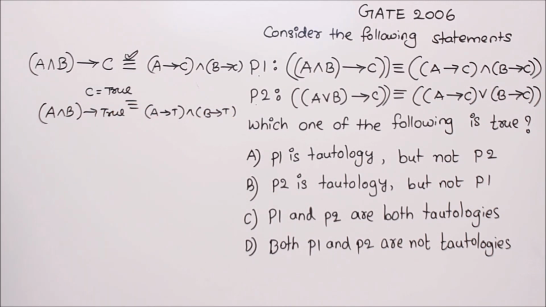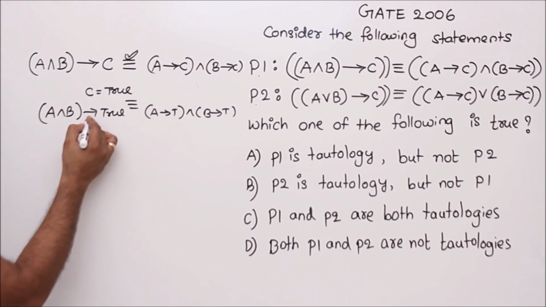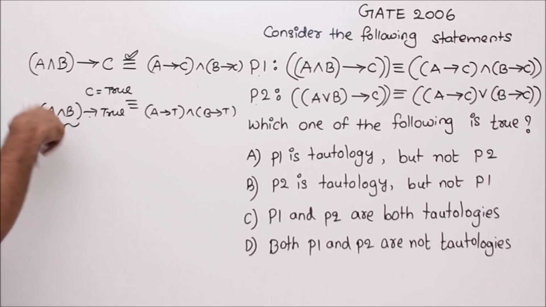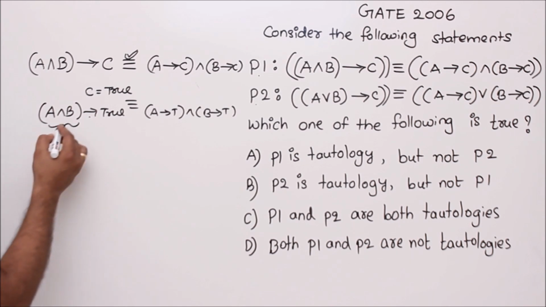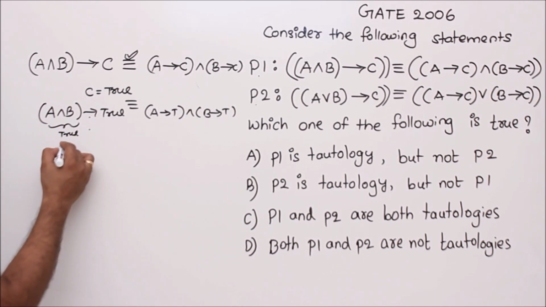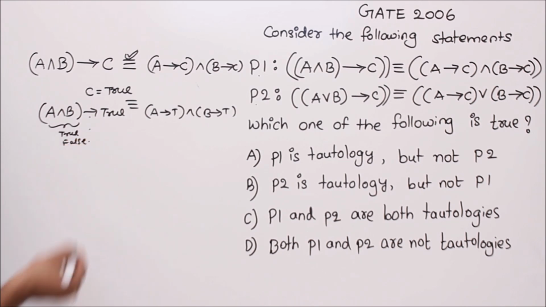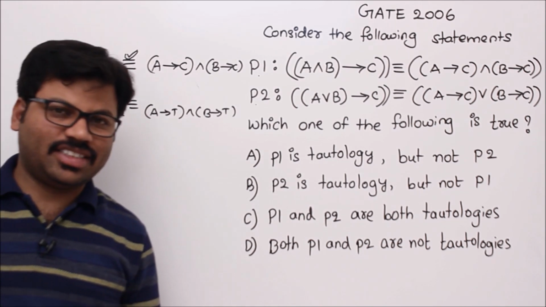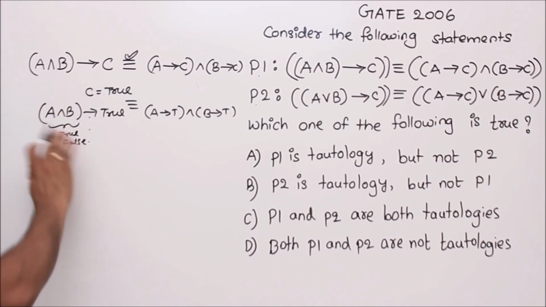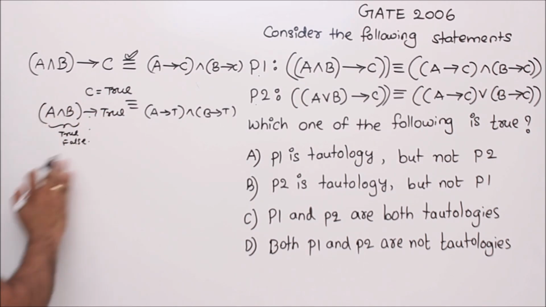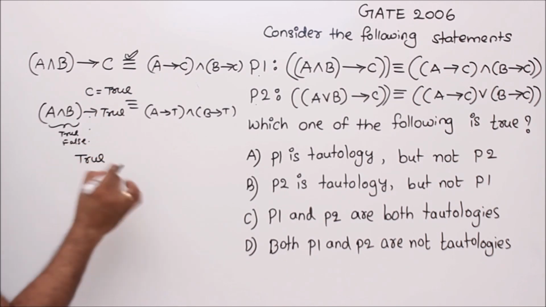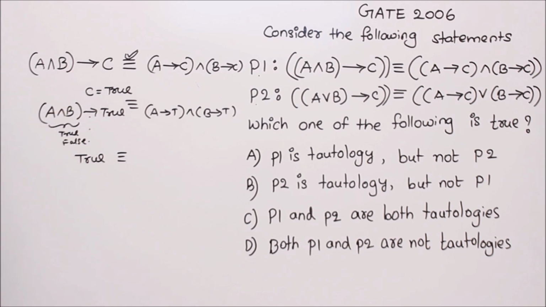We know that when you have implication, whatever you keep at the left side, if the right side is true then the overall formula will be true. If A and B is true, true implies true. If A and B false, false implies true. We already discussed this in the previous session. So the overall formula is not depending on A and B, automatically it is becoming true. That's why note down that LHS is true when C is true.